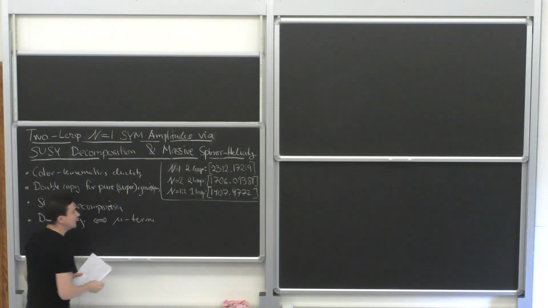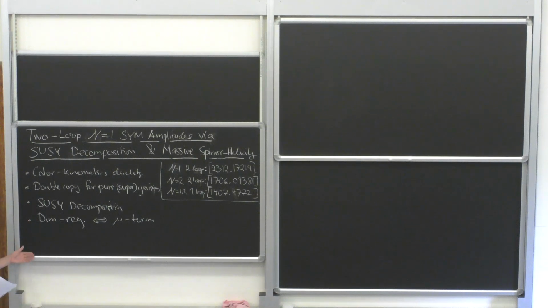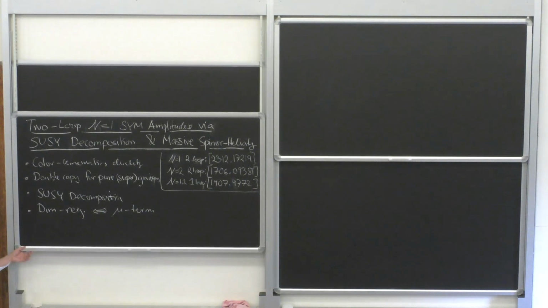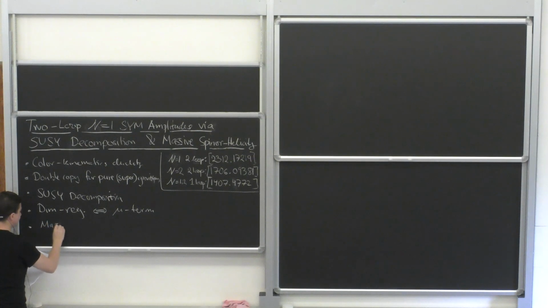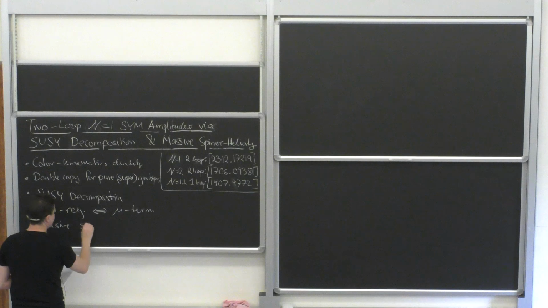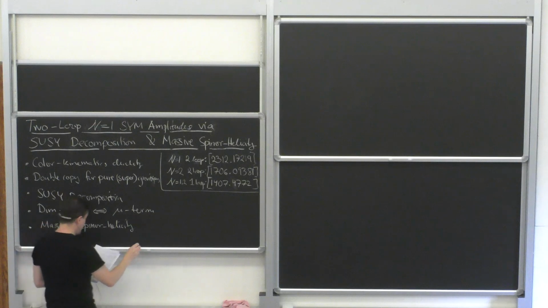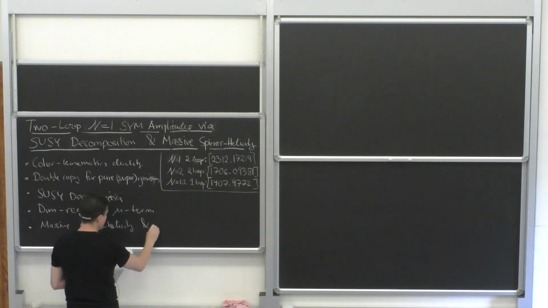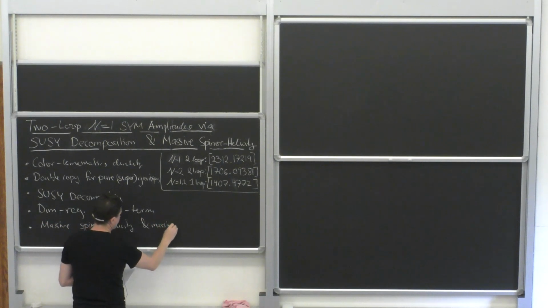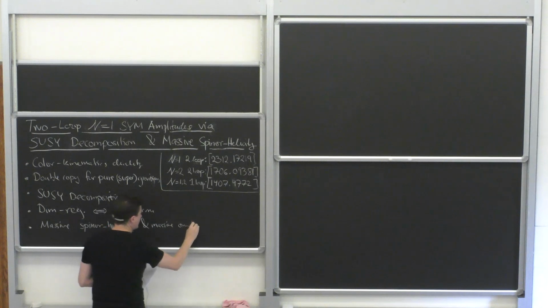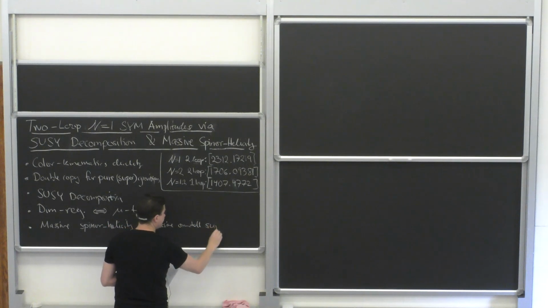How do we define them for N=1 theories? And that's going to take me to the territory of massive spinor-helicity and also massive on-shell superspace.